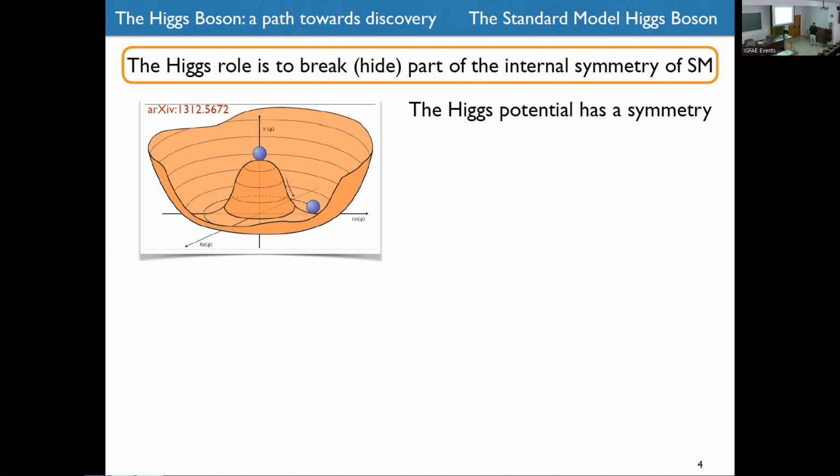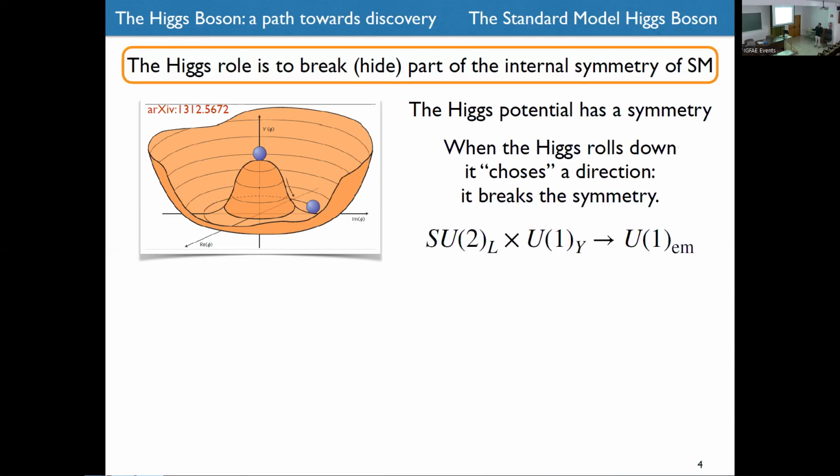This is a pictorial representation of the potential, and this potential enjoys a symmetry. However, the origin of this potential is not a minimum, rather it is a local maximum. So when the Higgs rolls down from the maximum to the minimum, it chooses a direction to do this. And in making this choice, it breaks the symmetry of this potential.